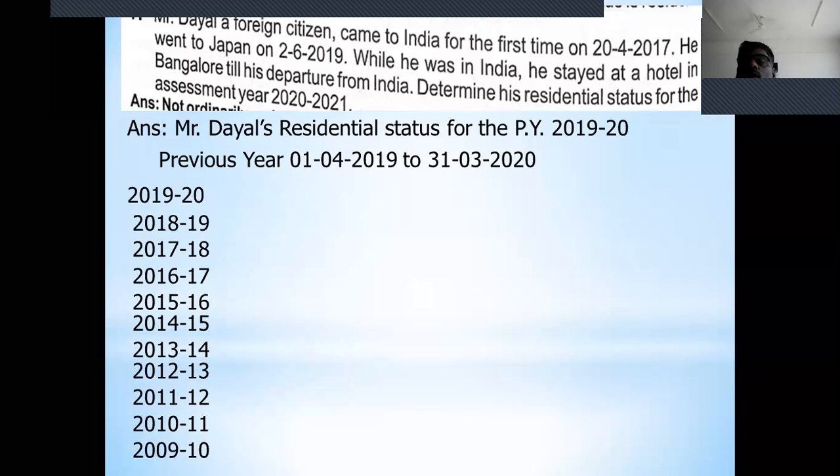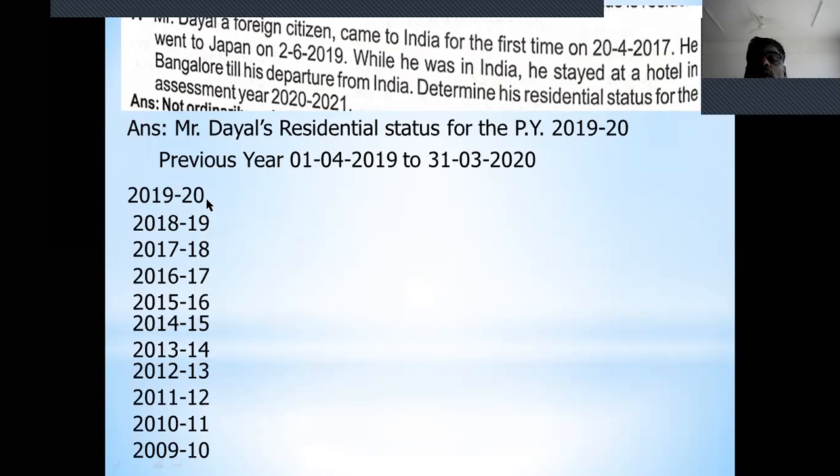Like this, you note down the 11 years. Previous year is the related year, and preceding this, you take 10 previous years in a descending order.